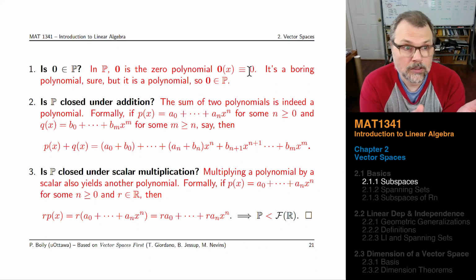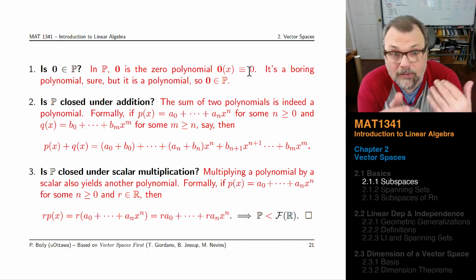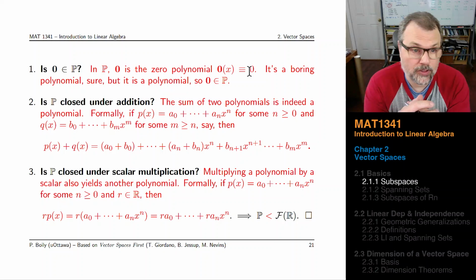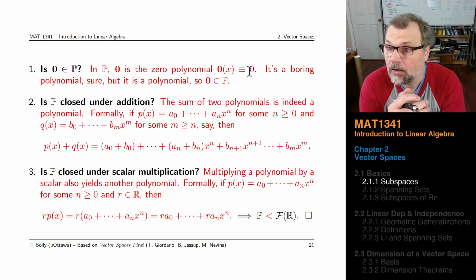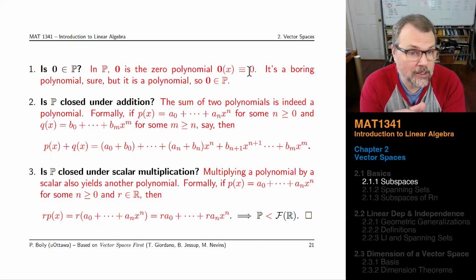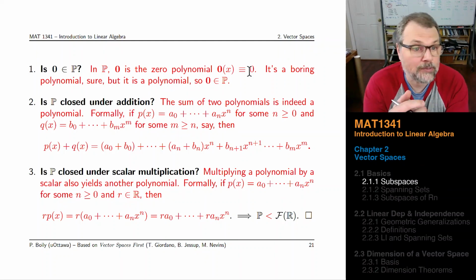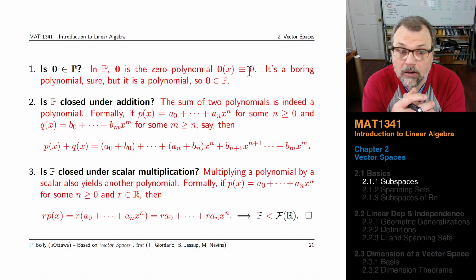Is the set P closed under addition? I claim that it is, and that it's obvious the sum of two polynomials is a polynomial. There's a formal argument here that basically says if px is a polynomial of degree n, assuming n is greater than 0 and all the coefficients are real, and qx is a polynomial of degree m, where m is greater than n, again all of the coefficients are real, then px plus qx would be this sort of monster there.